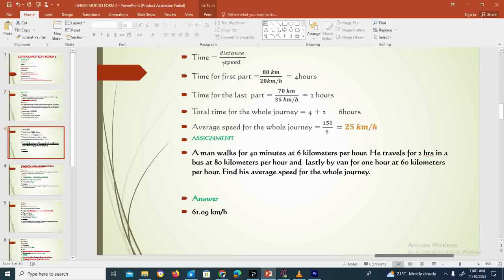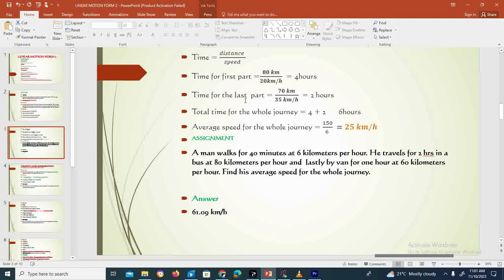So time is given by distance over speed. During the first part of the journey, the distance covered was 80 kilometers and the speed was 20 kilometers per hour. So dividing the distance by speed, we get it took 4 hours to cover the first 80 kilometers.